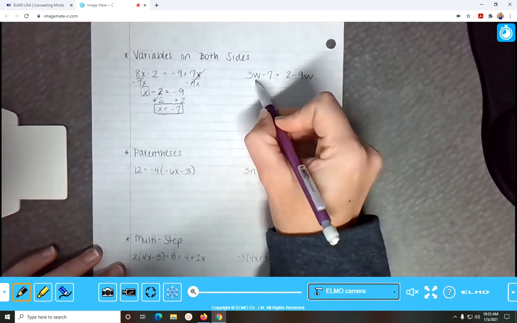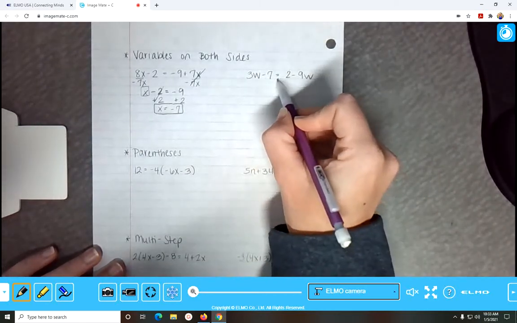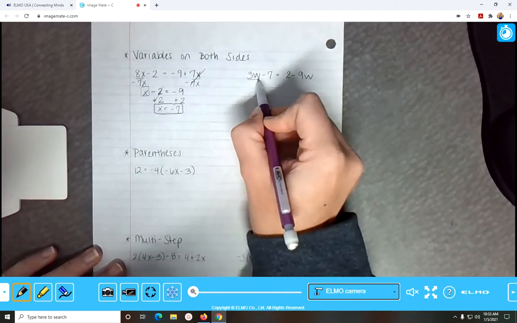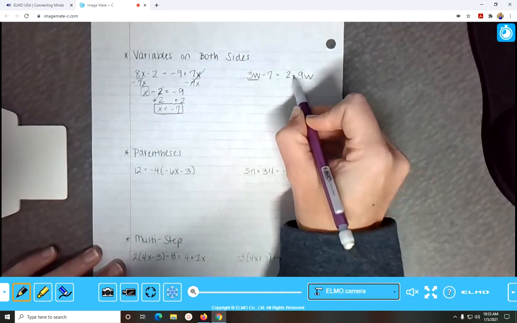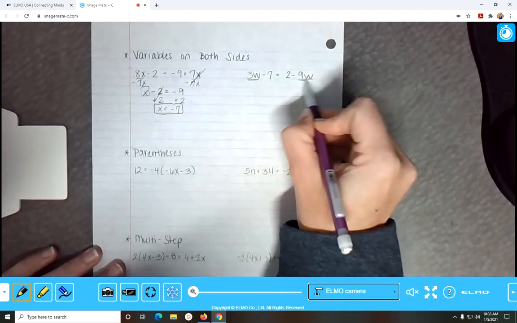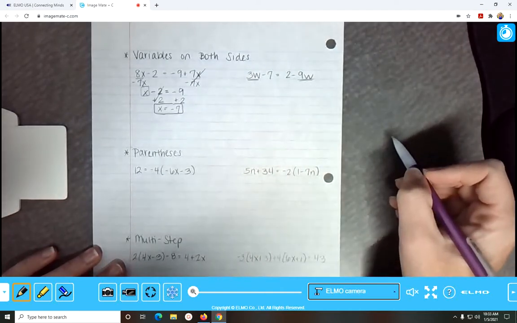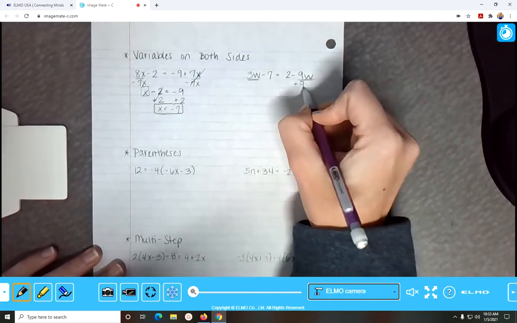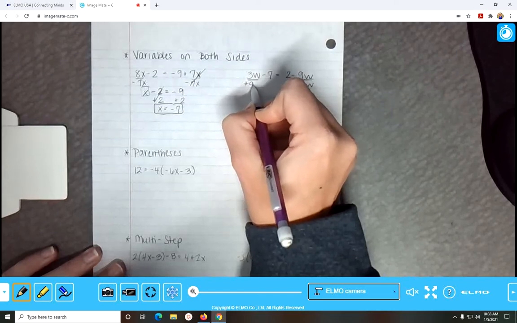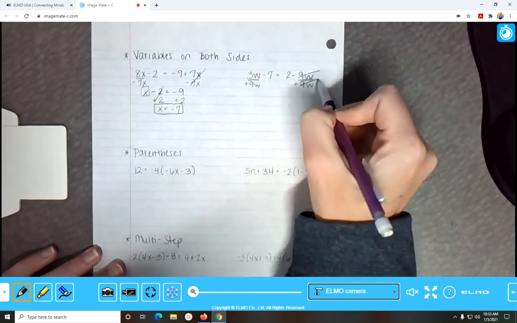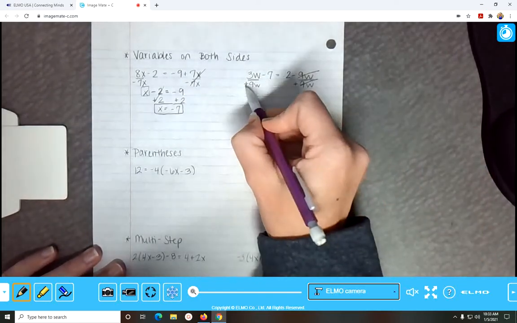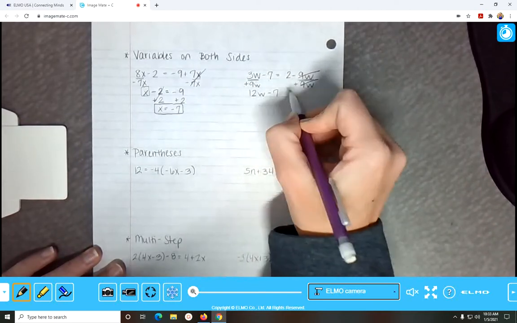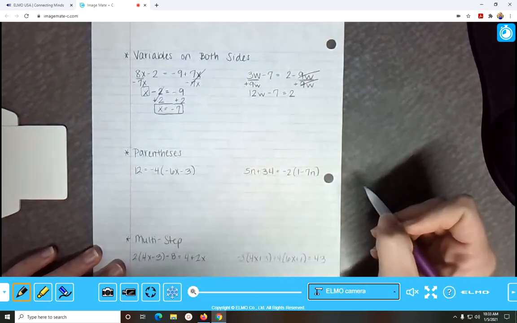Okay, over here we have 3w minus 7 equals 2 minus 9w. Alright, this 3w and this minus 9w, or negative 9w, we need to get those on the same side. So I'm going to take this minus 9w and add it to both sides so that I don't have it over here anymore. 3 plus 9 is 12, so I have 12w minus 7 equals 2.